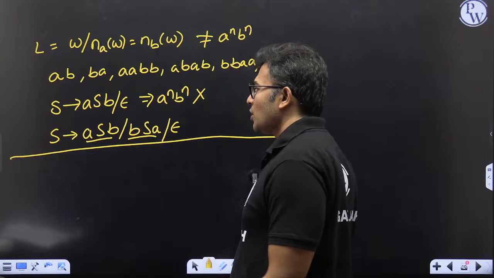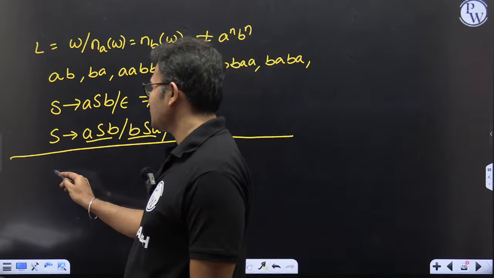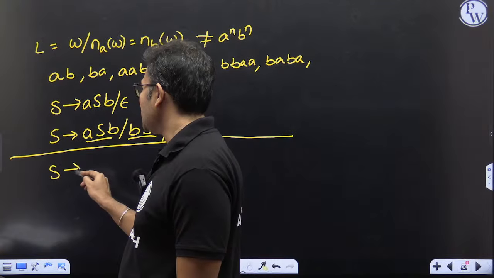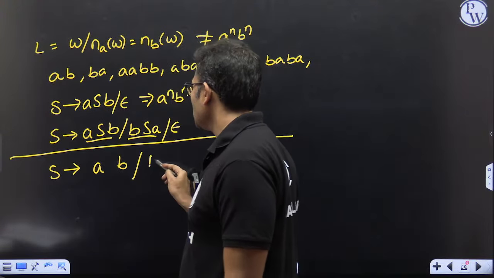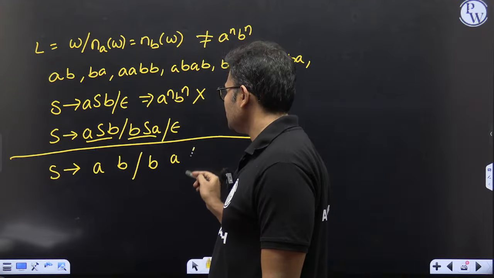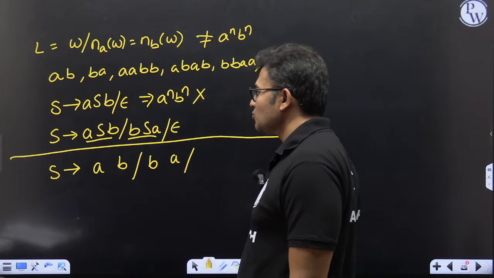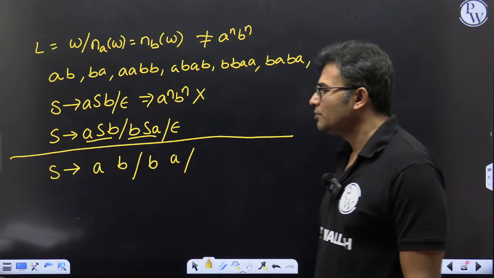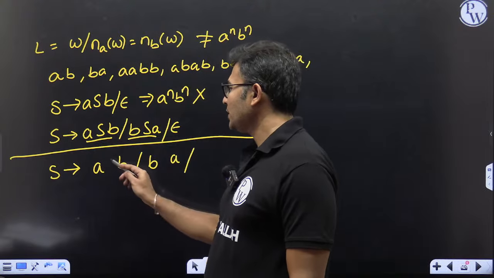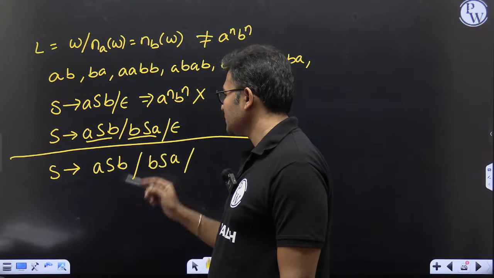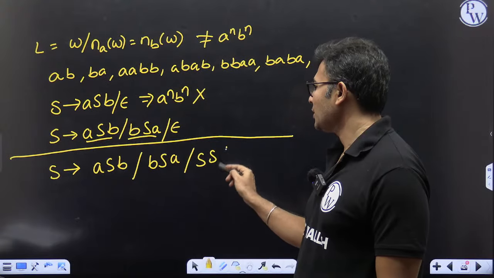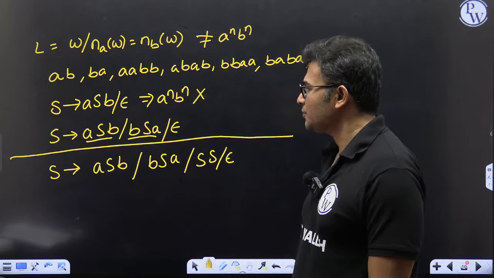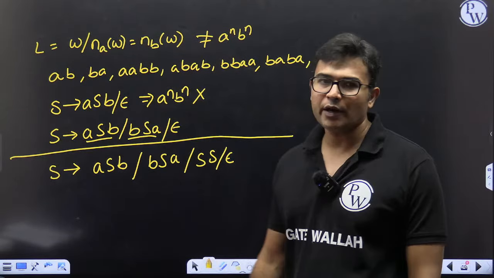Take the smallest strings. What are the smallest strings here? A B and B A, right? Take the smallest strings A B, B A and put S in between, and then write SS or epsilon. You will get one grammar.